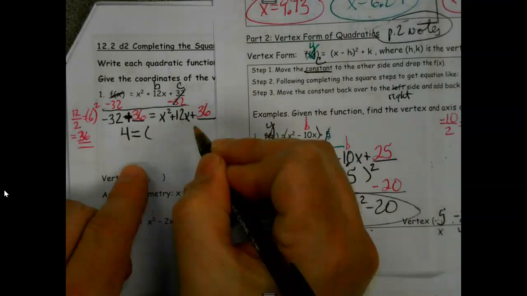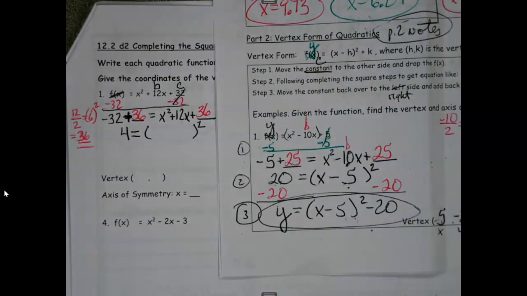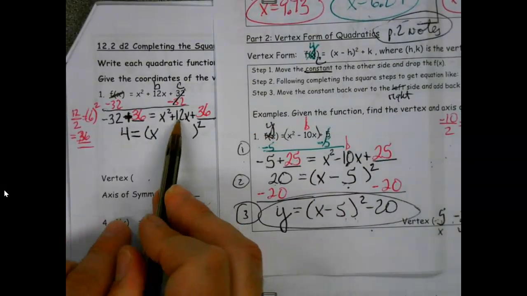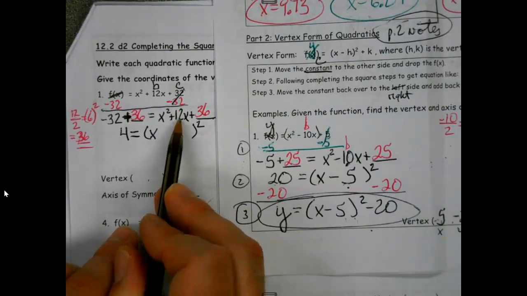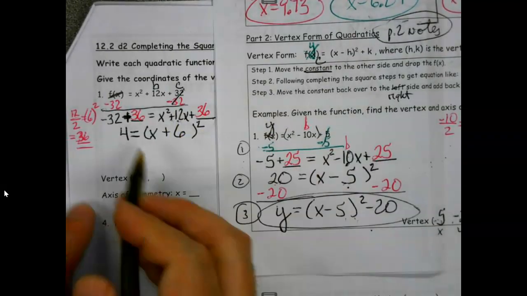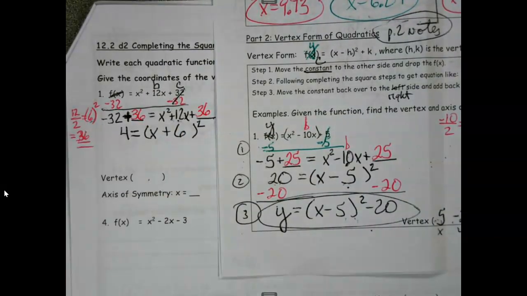This side, we're making a perfect square binomial, which is taking the x, taking that b value again, positive 12. What if I cut positive 12 in half or divide it by 2? I just get 6. And if I did side work, it's that number when I did 12 divided by 2.